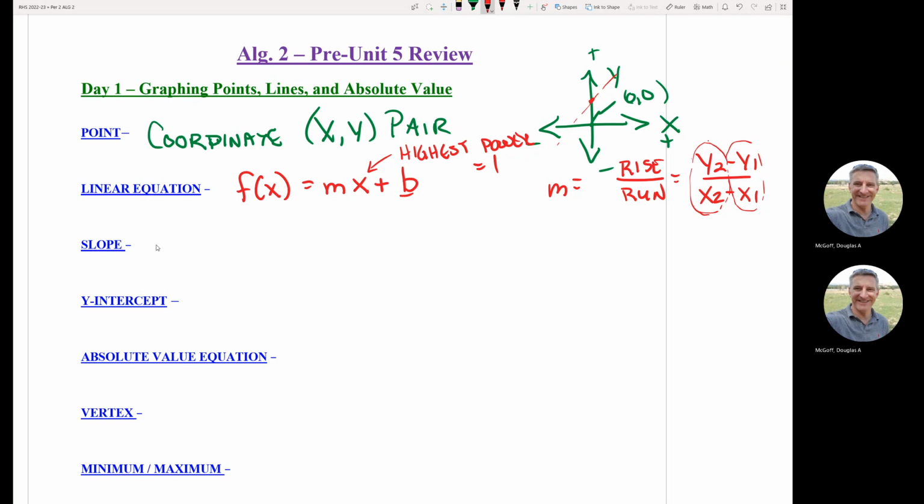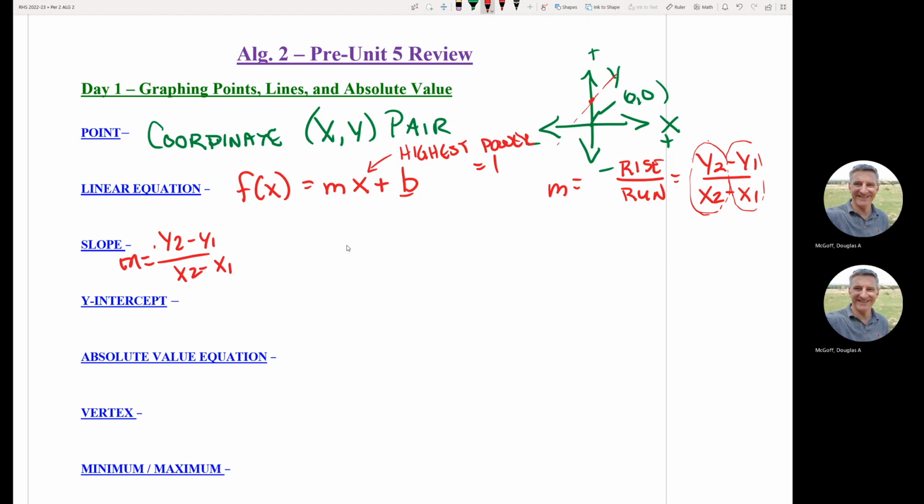So that slope m we just talked about represents the change, okay, the ratio at which when I go 1 to the right, how much do I go up?